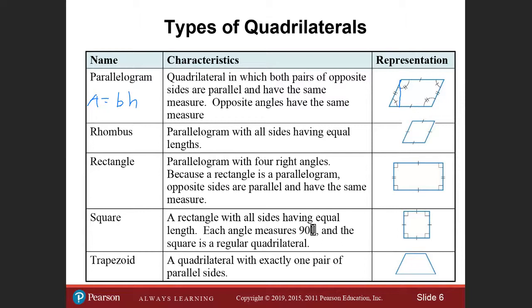Let's use a different color. And the base would be at the bottom. This is similar to the rhombus also. They have the same formula, rhombus and parallelogram.